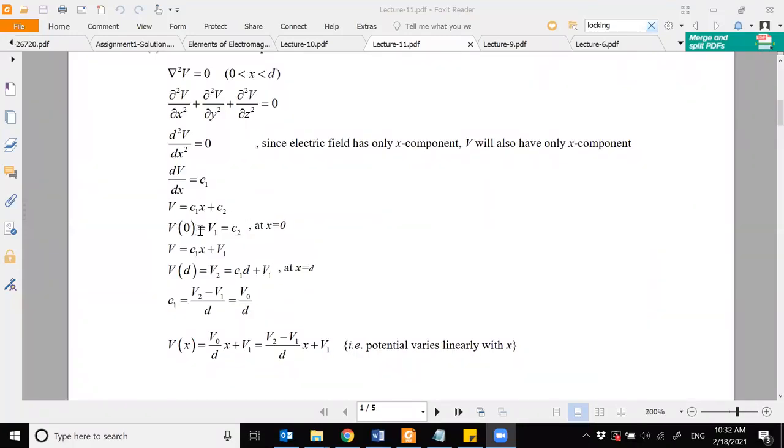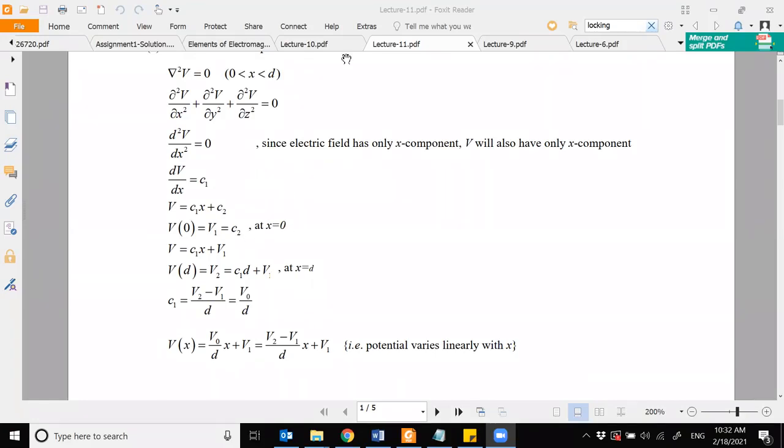V of 0 is equal to, this will cancel out and I will get only C2, right? And what is V of 0? Just now I told you V of 0 is V1. So V1 is equal to C2, at x is equal to 0.